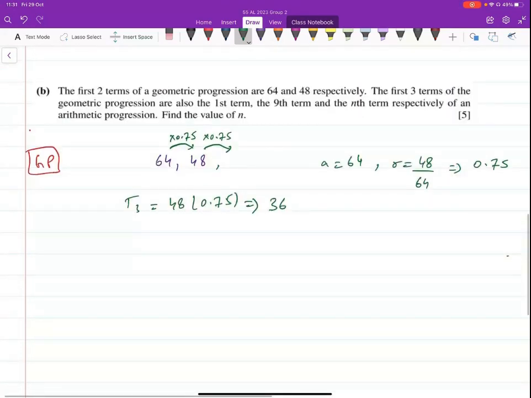Now we're given that the first term, the ninth term, and the nth term are of an arithmetic progression. So now we have some AP, some arithmetic progression.